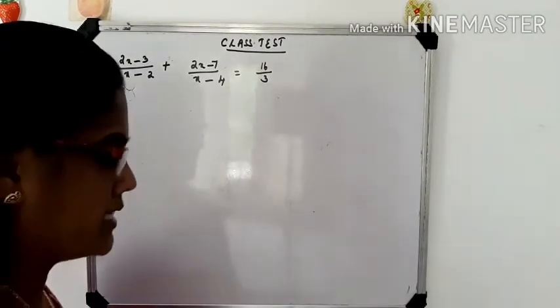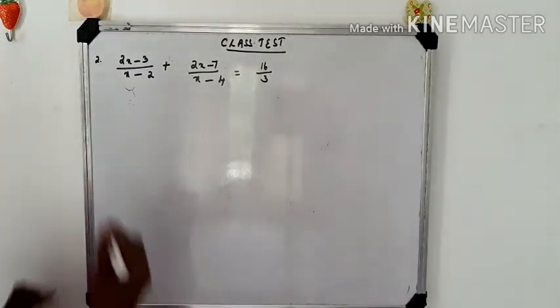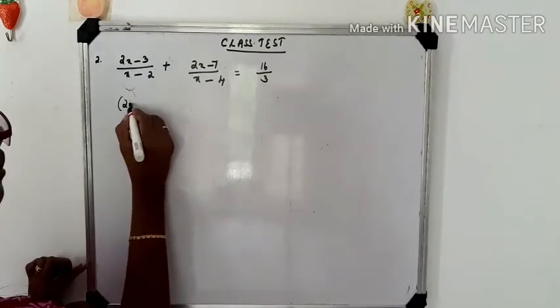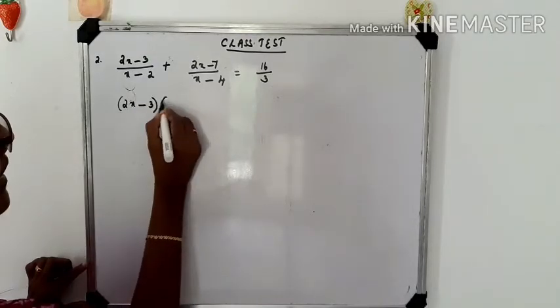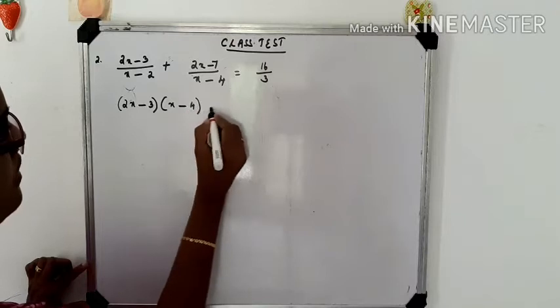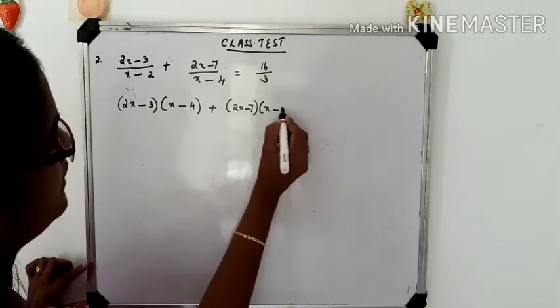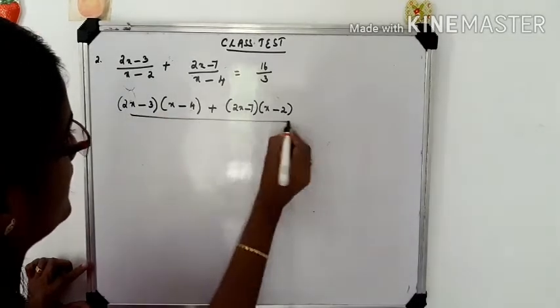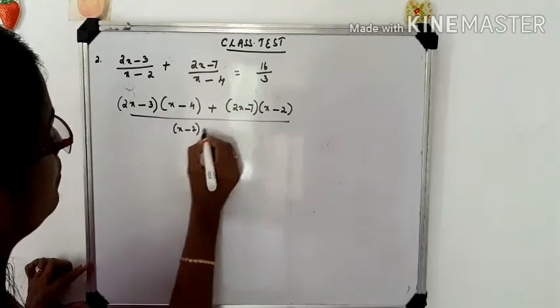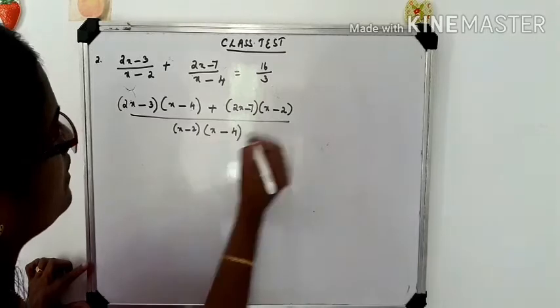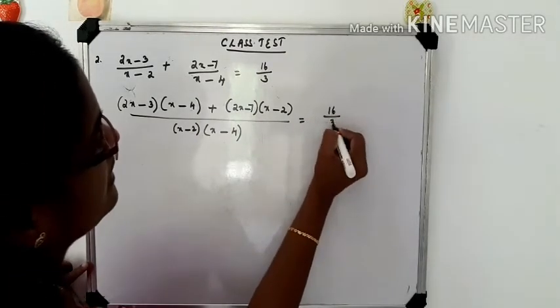When doing that question, there are a lot of simplification errors. See, cross multiply: (2x − 3)(x − 4) + (2x − 7)(x − 2) over (x − 2)(x − 4) = 16/3.